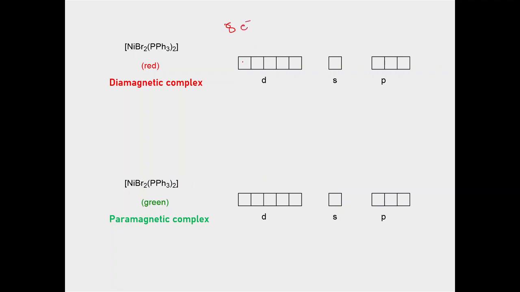So since there are no unpaired electrons, the way we will fill the d orbital is 1, 2, 3, 4, 5, 6, 7, 8. But since we don't have any unpaired electrons, it will be present like this. That means 1, 2, 3, 4. Right. So in this case, this will be vacant.